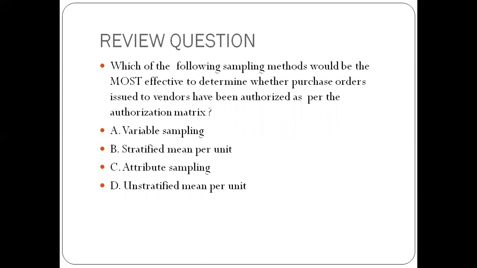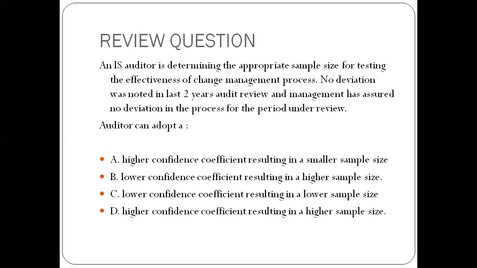So that's compliance testing, and compliance testing is done using attribute sampling. I've talked about that. So it cannot be A, variable sampling, it cannot be B, stratified per unit. Stratified per unit is a type of variable sampling. It cannot be D, unstratified per unit, which is a type of variable sampling also. So the answer is definitely C, attribute sampling.